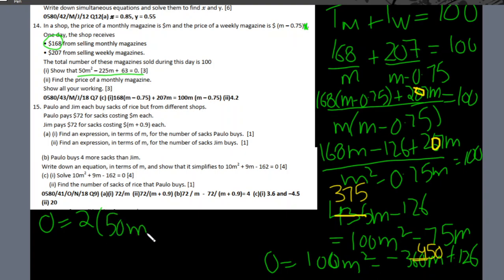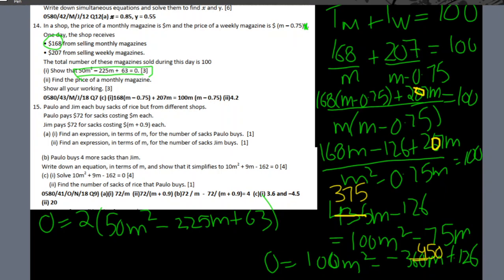We get 50 M square minus 225 M plus 63, which is the desired equation here. Okay, find the price of the monthly magazine. That means simply solve this to get the value of M, because M is the price of a monthly magazine.